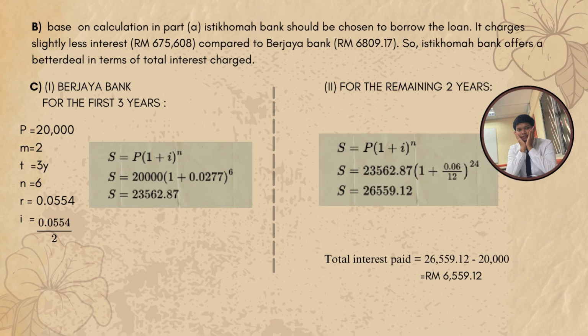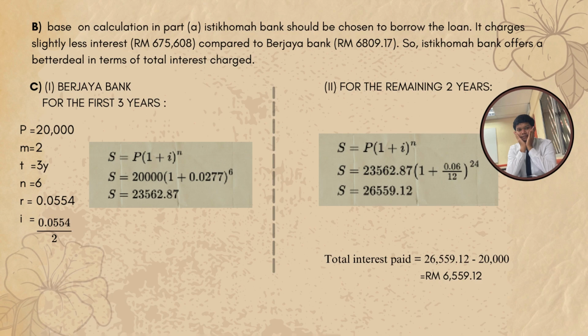P is 20,000, m is 2, t is 3 years, n is 6, the interest rate is 0.0554 and i is 0.0554 over 2. So use the formula S equals P (1 + i)^n. Substitute the information into the formula and then you get the answer.